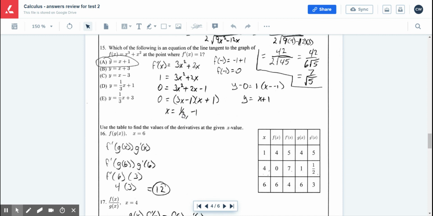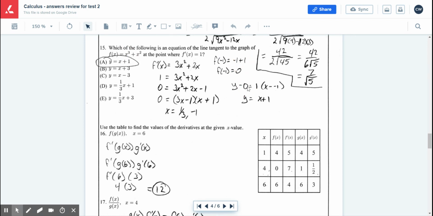Okay, so I need to write an equation of a line with these two things. Remember in class I told you always choose the easier number first to see if you get an answer that matches. So I know my x value is -1. I know my slope is 1, so I need my y value. Remember, to get y values, it'll always go back to the original. So if I plug -1 in there, I end up getting -1 plus 1, which gives me 0.